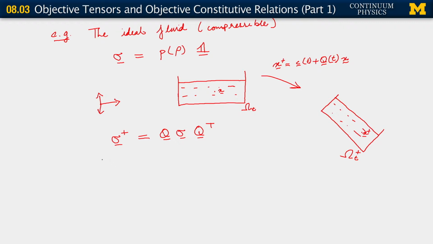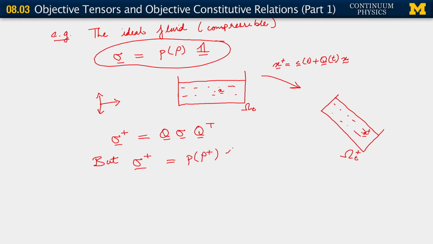On the other hand, we already have a constitutive expression for sigma plus, which is what this is, right? So we could just evaluate that constitutive relation. Now, P is a scalar, depends upon a scalar, which under the transformation becomes rho plus, okay, times the isotropic tensor in the new configuration.